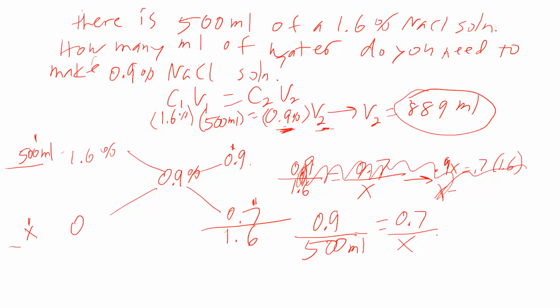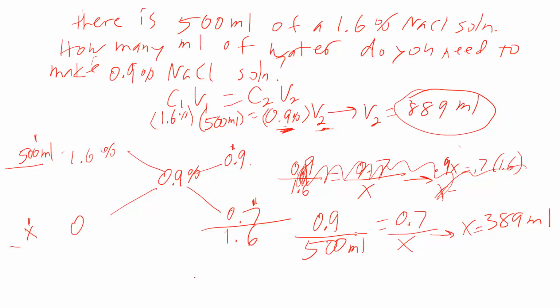Now that means that x should equal 0.7 times 500 divided by 0.9. So x equals 389 mils.